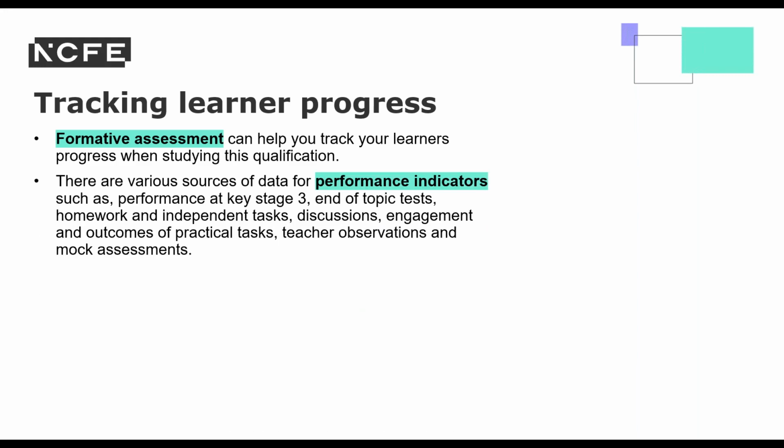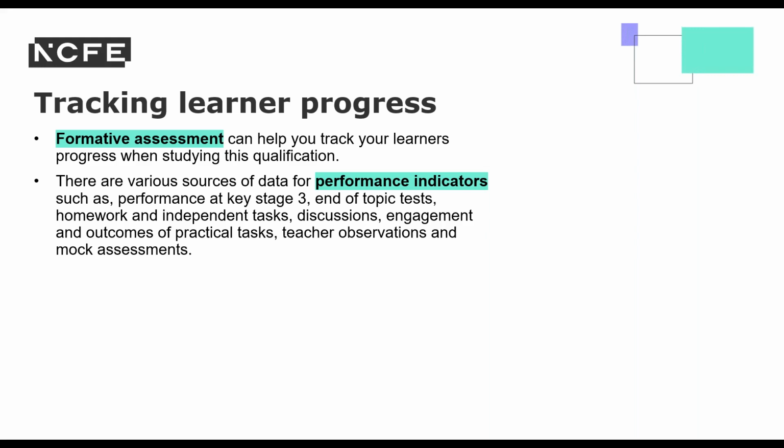There are various sources of data for performance indicators, such as end of topic tests, discussions with learners to assess their depth and breadth of knowledge of the subject content, homework and independent study tasks, engagement with practical activities and outcomes of practical tasks, performance at Key Stage 3, and teacher observations during practical tasks using the NEA practical assessment criteria.